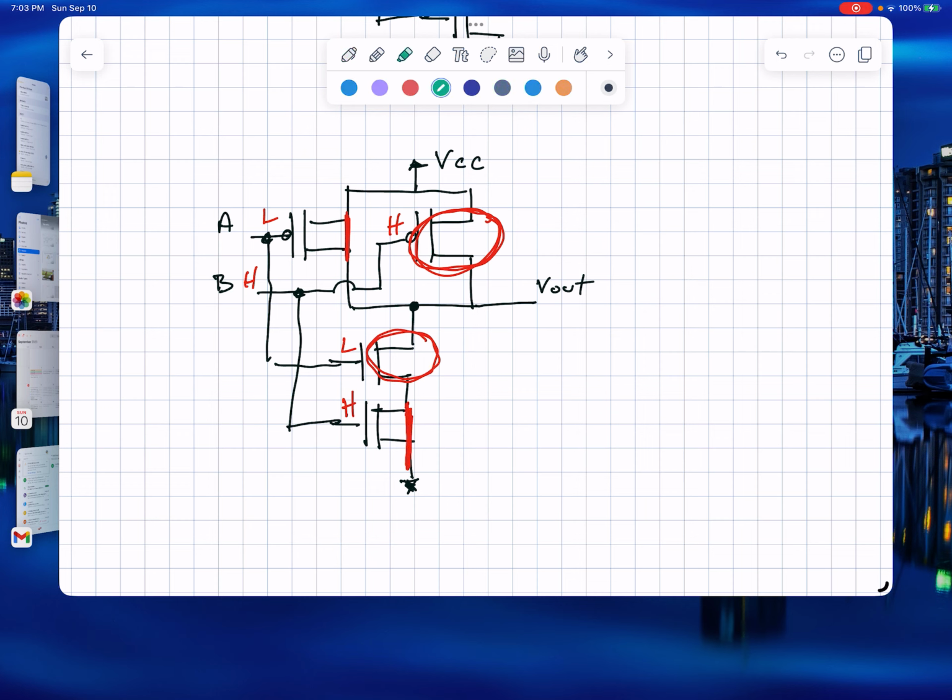Now I'm thinking about the path. From Vout, where can I go? Because these are in series, any one of these transistors being off blocks the path to ground. And so the only option I have here is to go up to VCC. So for this input combination, the output is a high.